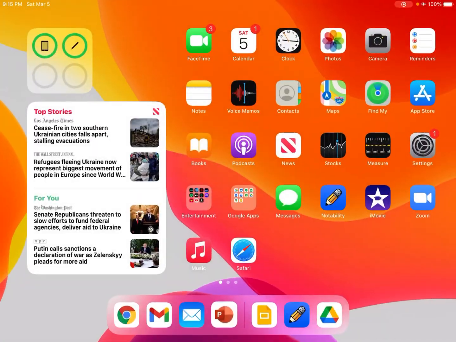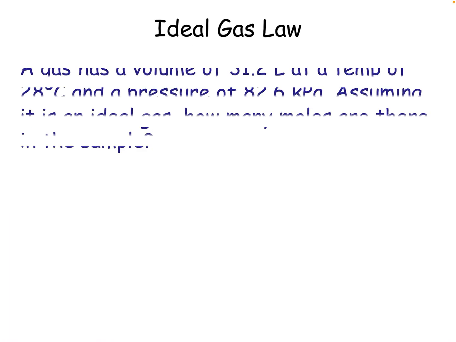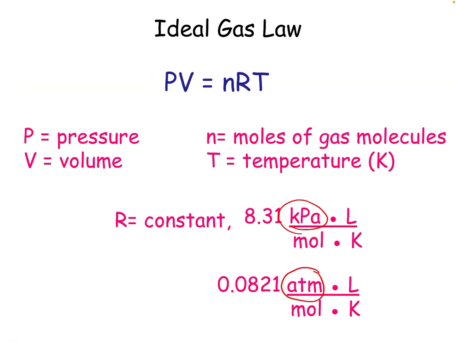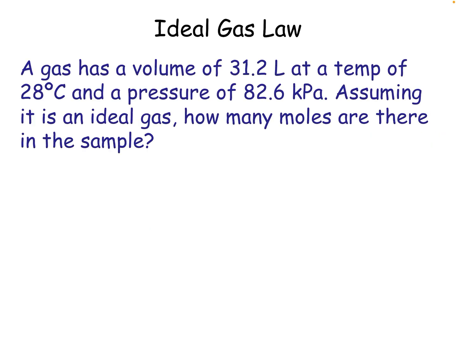So back to here. The formula is not that hard, though. It's just multiplying. A gas has a volume of 31.2 liters at a temperature of 28 degrees Celsius and a pressure of 82.6 kilopascals. Assuming it's an ideal gas, how many moles are in the sample? So we have PV equals nRT.